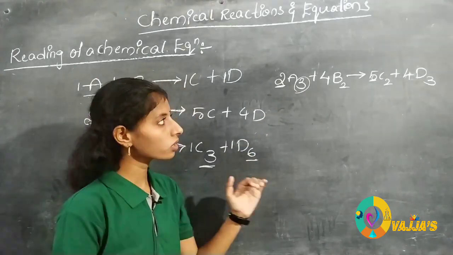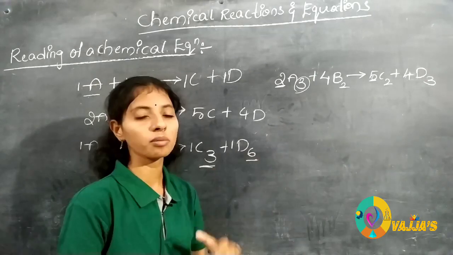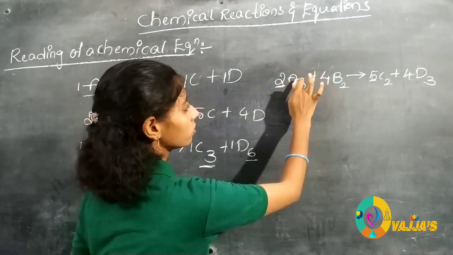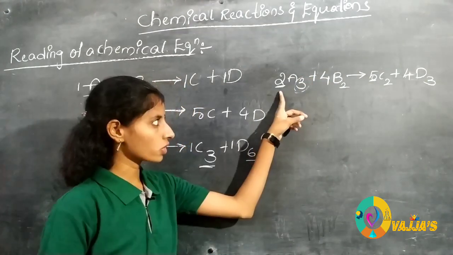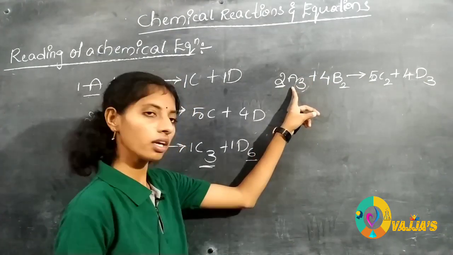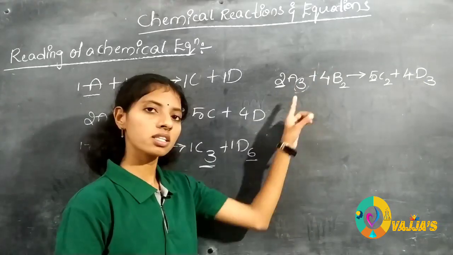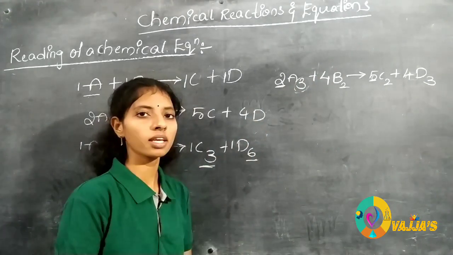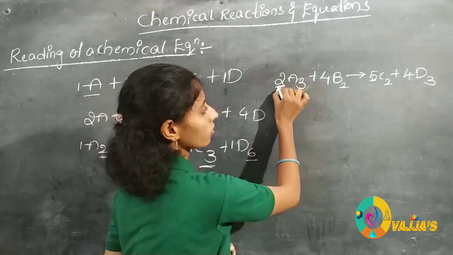Now how can we count the total number of atoms present in a chemical equation? See here. In this chemical equation we have two molecules of A and each molecule of A contains 3 atoms. So the total number of atoms of A is 6.